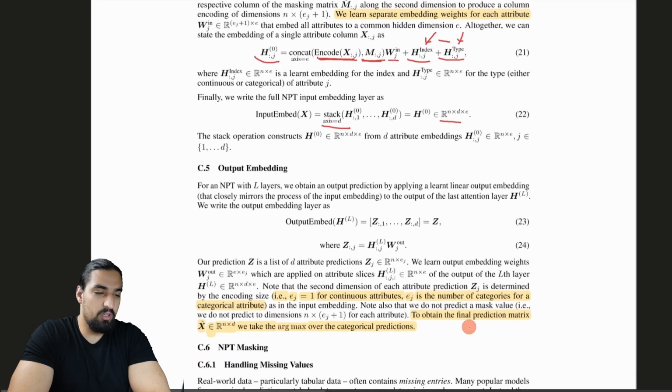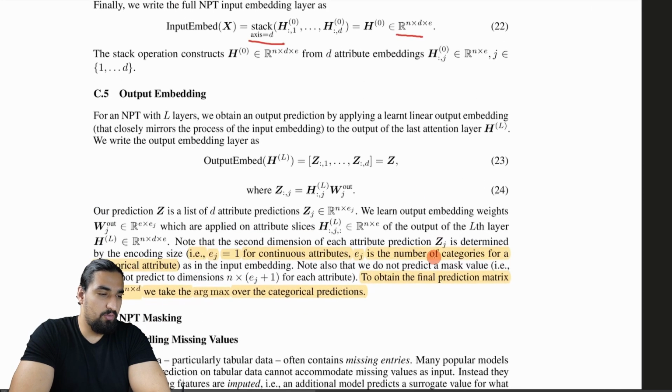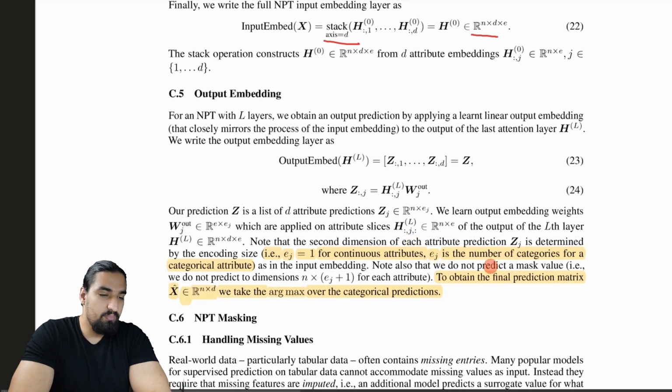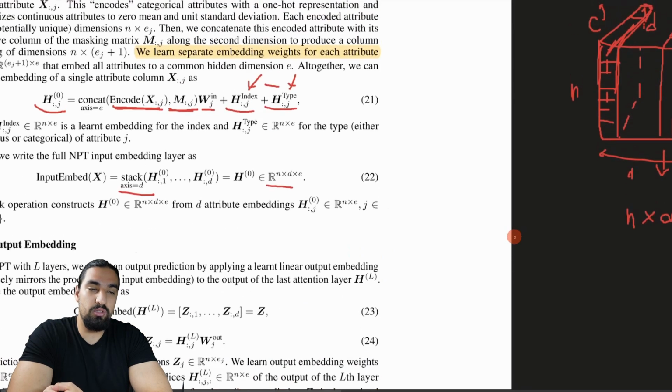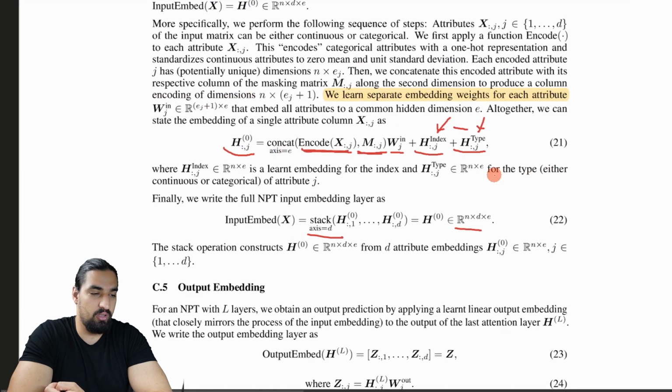And similarly for the output embedding, I'll just briefly explain it. So here, they're not predicting the mask variable, so they'll just end up with, so E_j was the notation they used to denote this part, without the masking dimension that's added.